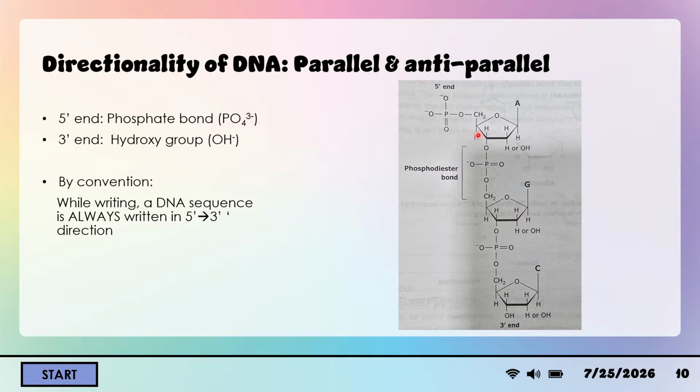So any biochemical component which has the ability to produce or release H plus ions will be termed acidic, and this is precisely why DNA is an acidic molecule.